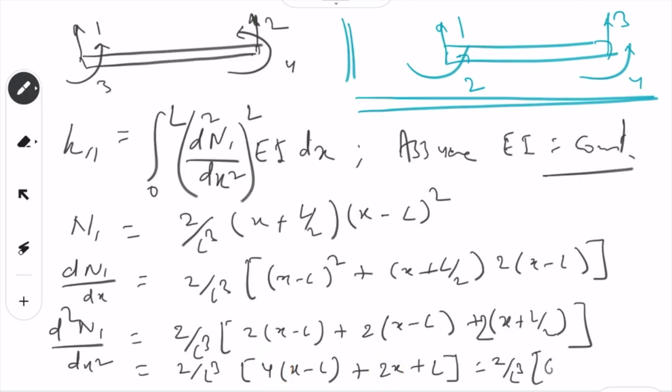So, we get 6x and then minus 4L plus L, so minus 3L. Okay. So, basically we get 6 over L cube times 2x minus L. Yeah. So, this is what we get. Okay.